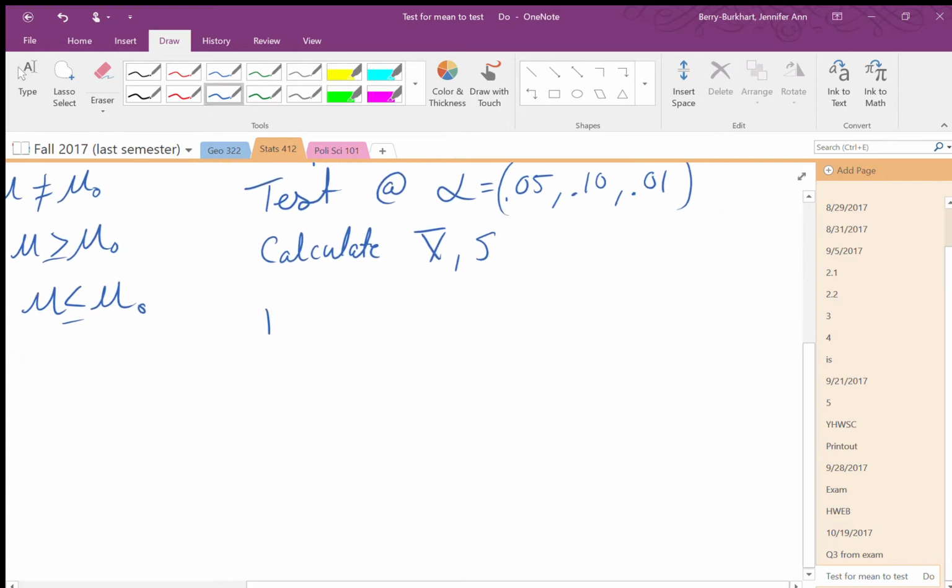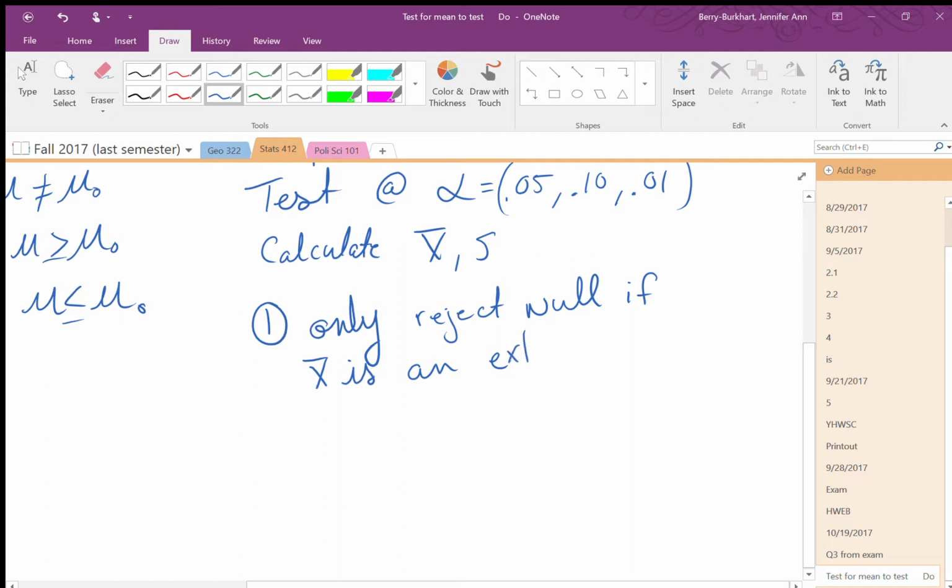This thing has a t-distribution, right? So if I look at the statistic, x bar minus mu over s over the square root of n, that's centered at 0, right? Under the assumption that x bar minus mu is equal to 0, right?